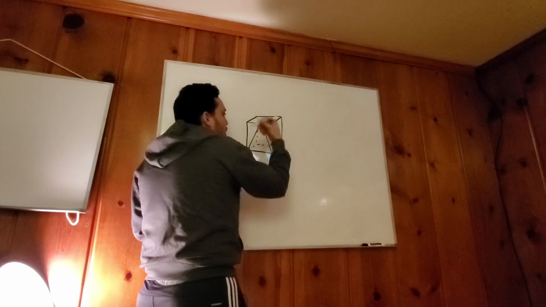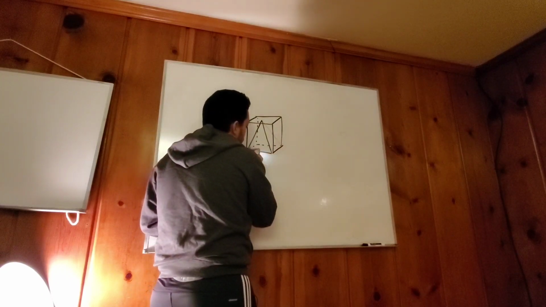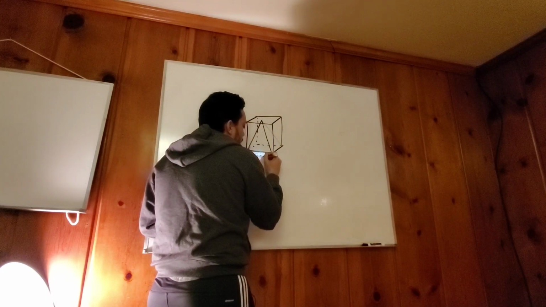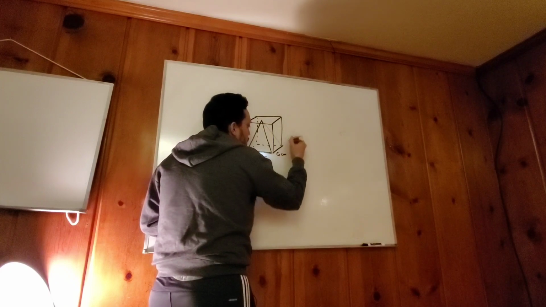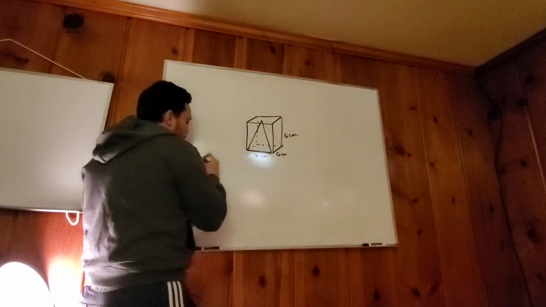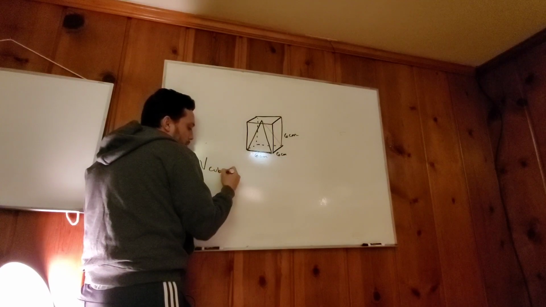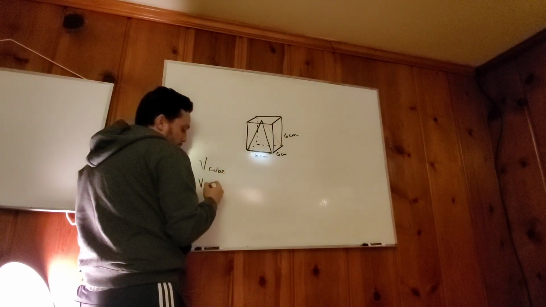Okay, so we have a cube and a pyramid, and each side is 6 centimeters. So they ask us, find the volume of the cube and find the volume of the pyramid.